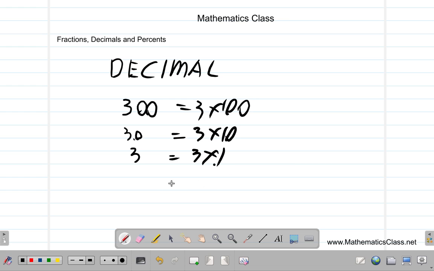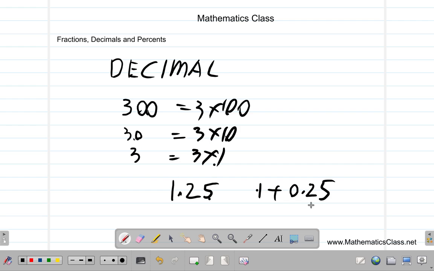Now here, a decimal number like 1.25. What does that mean? It means 1 plus 0.25. That is what it means.